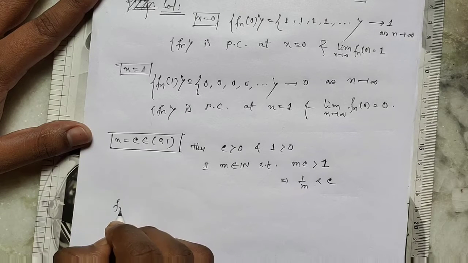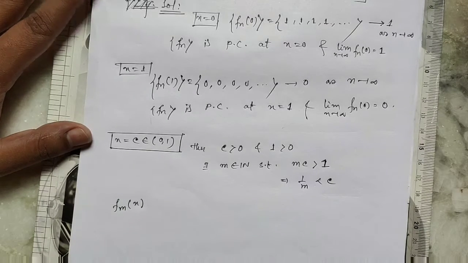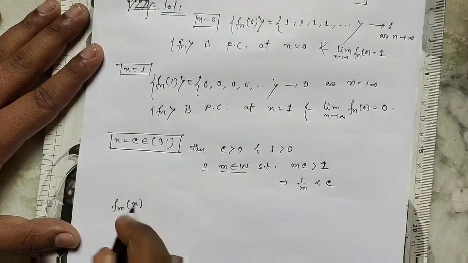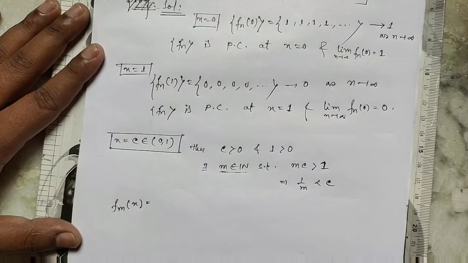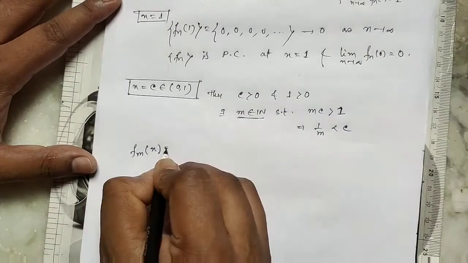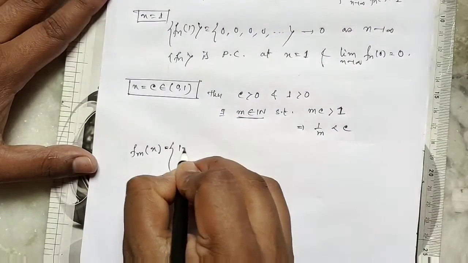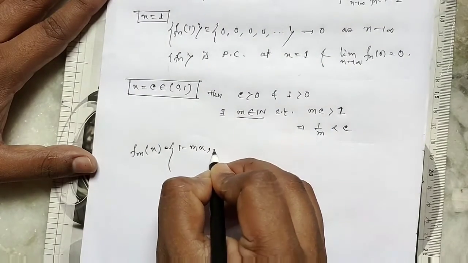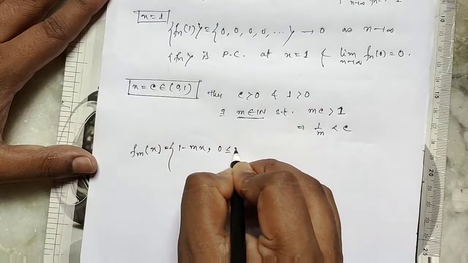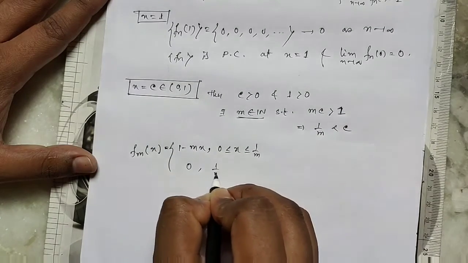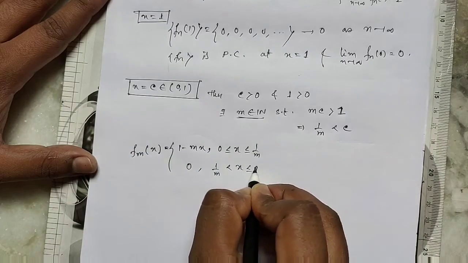Now, what is f_m(x)? There exists m. So now we write f_m(x). What is our f_m(x)? 1 minus m x for 0 less than or equal to x less than or equal to 1/m, and 0 for 1/m less than x less than or equal to 1.